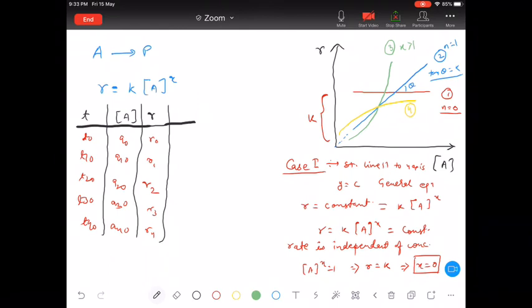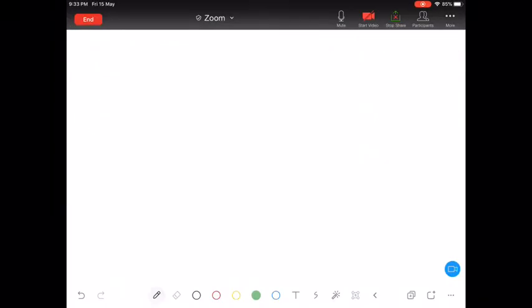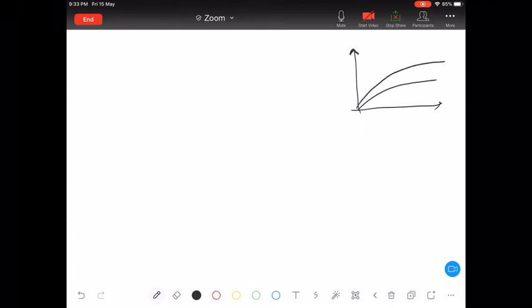For case 4, again, simple mathematics: root x, cube root of x, these all curves will be in this manner, or not? Here y, here x. I can write here y is equal to root x, or y is equal to cube root of x, like that. Is that correct or not?